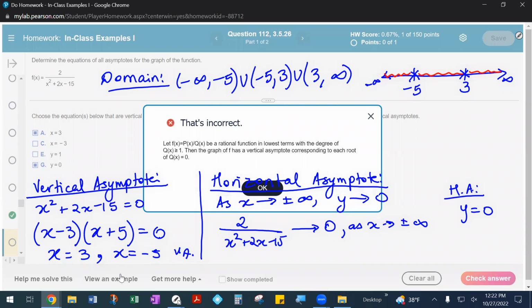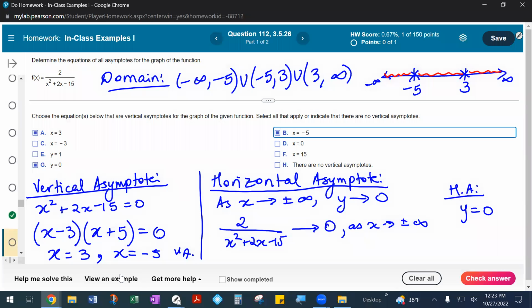It is in lowest terms, it cannot be put into lowest terms, and the vertical asymptotes come from each root, which is what we have, x equals -5, x equals 3. Is there anything else I'm missing there? Okay, let's try this.